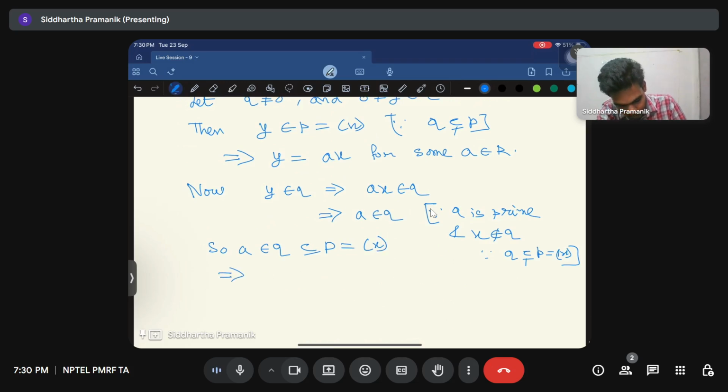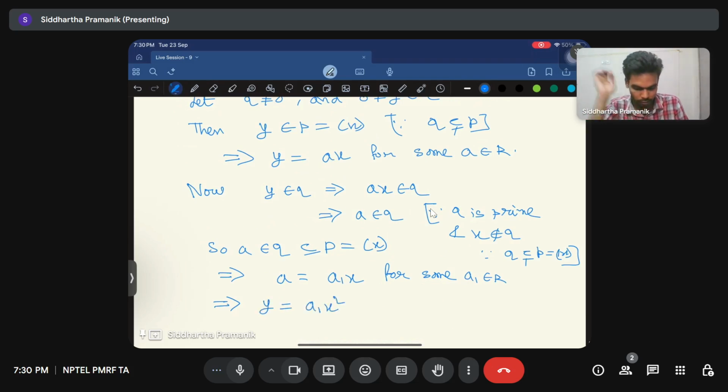This will imply a equals a1 times x for some a1 belonging to R, and this will imply y equals a1 x squared.